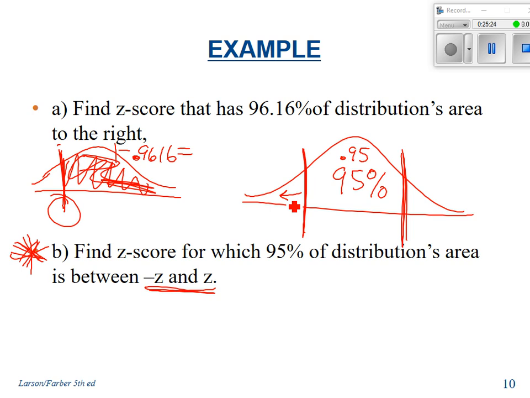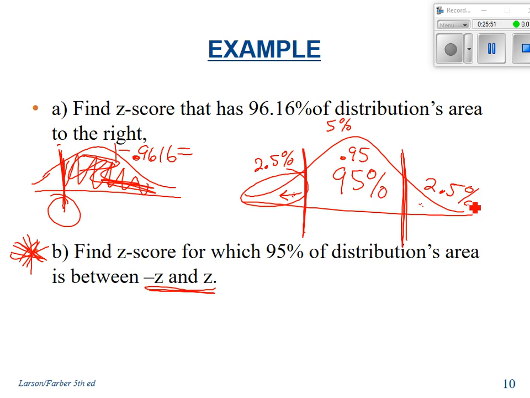How could you figure out how much of the area is from there down? Well, if that's 95%, the other two have to add up to 100. So each of these has to be a total of what percentage? 100 or 1, so it'd be 5% total, right? So how much is out here? 2.5%, and then 2.5% on the other side.